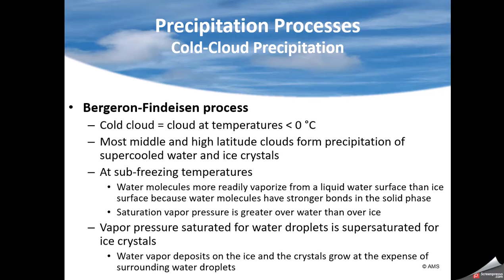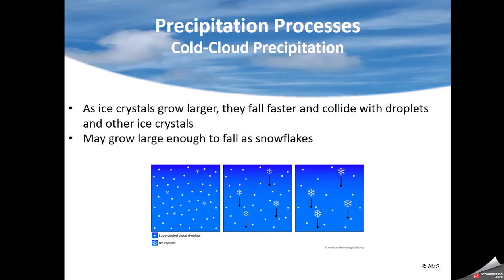Now, if the cloud is below freezing, there's something called the Bergeron-Findeisen effect. What is that? Over ice, remember we've talked about it in this last chapter, that saturation vapor pressure is lower over ice than it is over liquid.